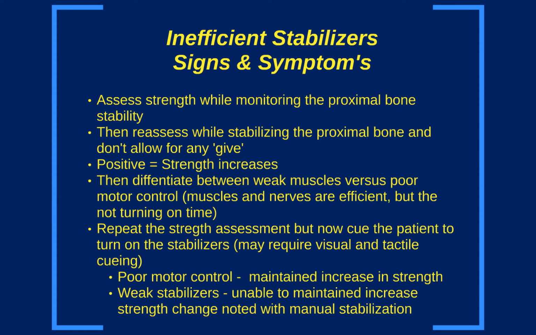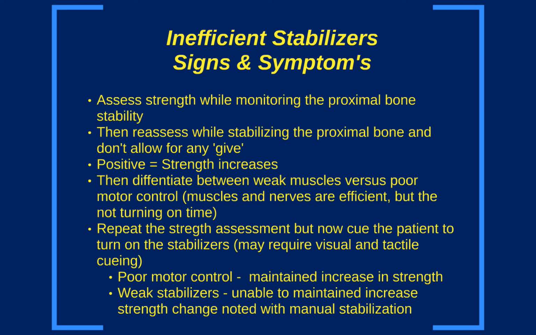Now we would repeat the strength assessment, but cue the patient to turn on their stabilizers first. Not manually, rather we would tell the patient via visual, auditory, or tactile cueing. If the patient's able to cue in their stabilizers and then perform the activity at the same level of increased strength as your previous test, we note that it was poor motor control that was the problem, and that we have to reteach them to engage their stabilizers before activating the peripheral muscles.